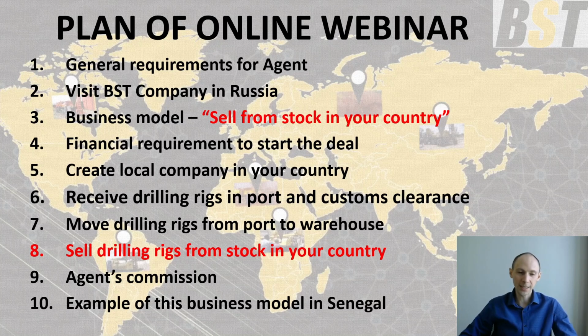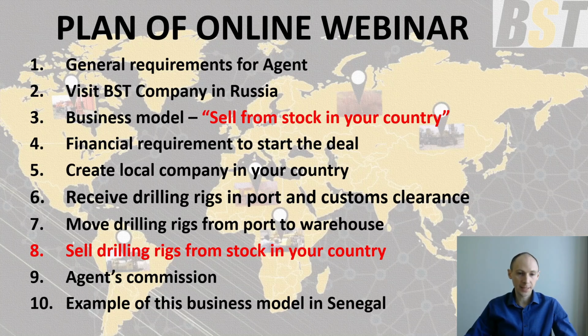And now you can see that before you proceed to this main step, first you need to complete 7 steps before, because this is a very detailed, a very comprehensive business model which is offered by BST. Number 9, agent's commission.